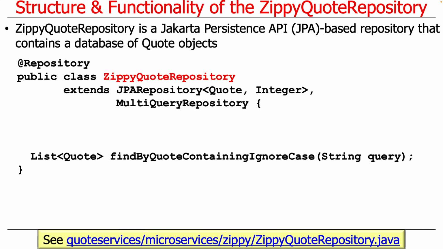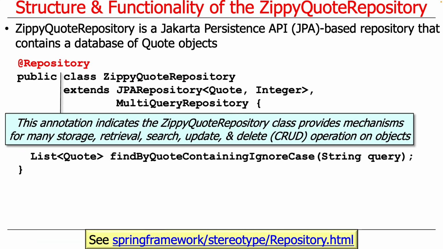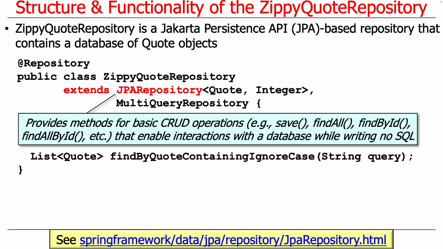So we have a class called ZippyQuoteRepository. That's a repository, which says this can be created and modified in a declarative way by the JPA and Spring in order to provide all these other mechanisms out of the box. We extend JPA repository, which gives us all these CRUD operations.